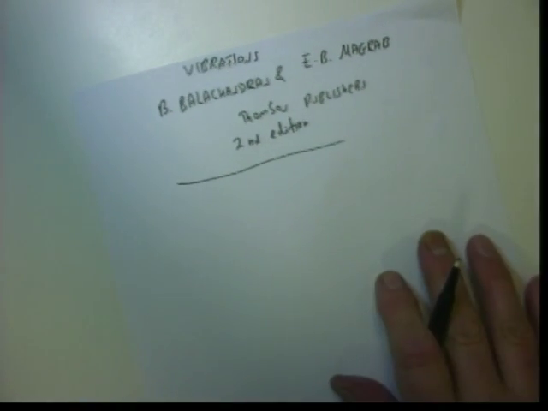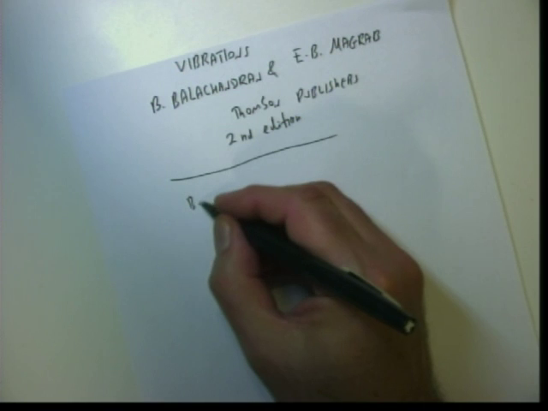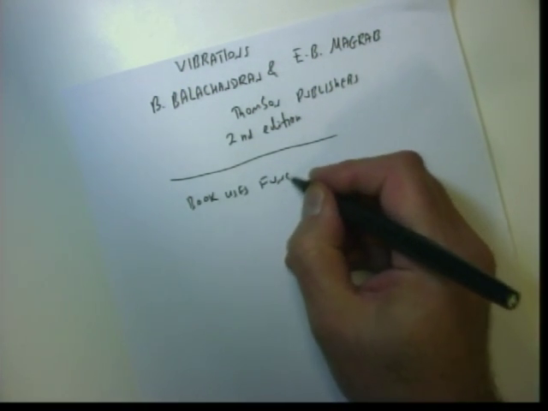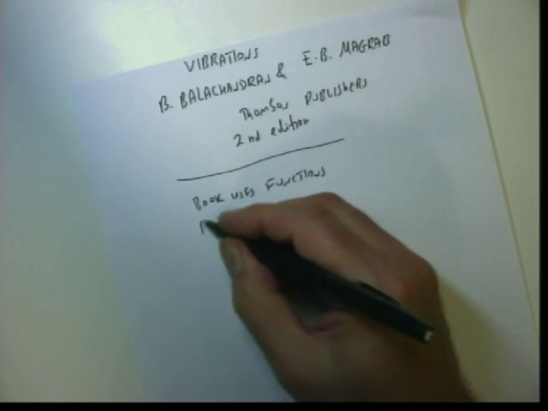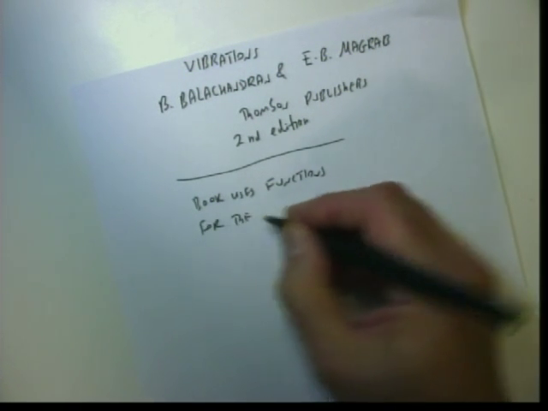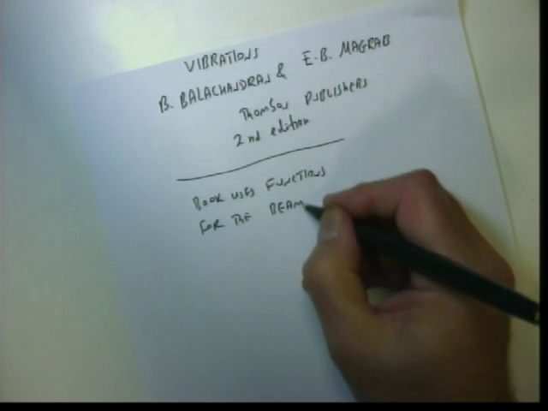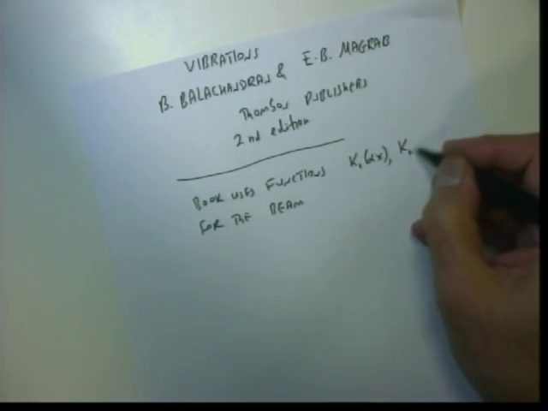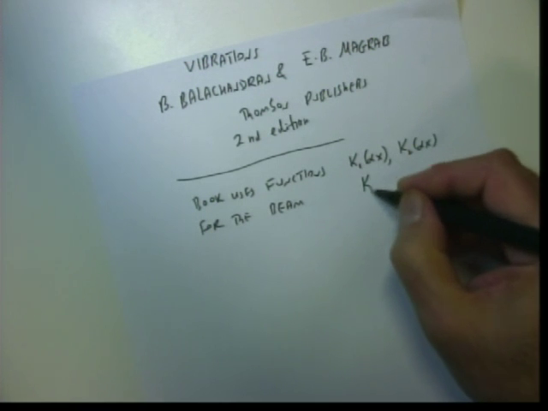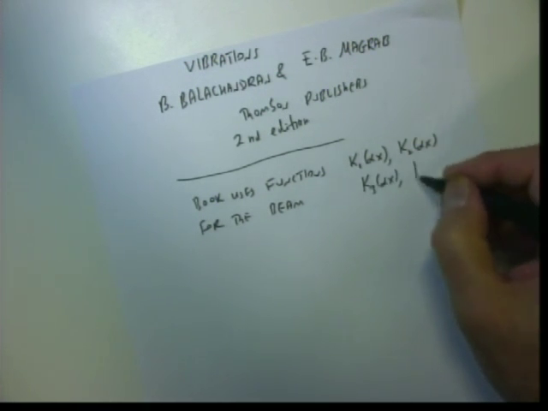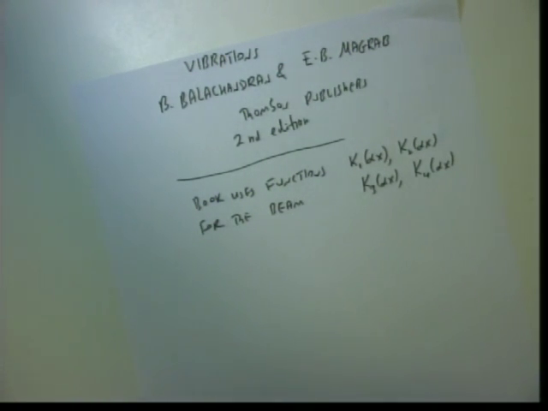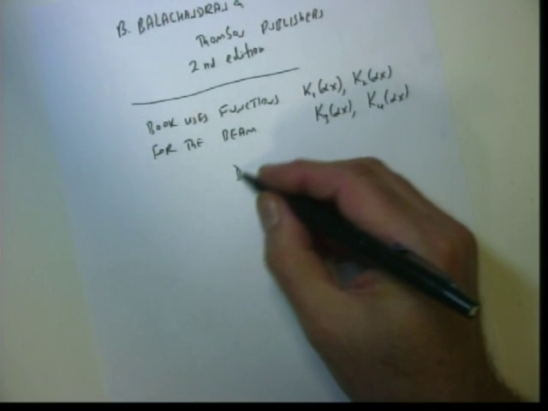I like this book because the book uses functions for the beam. These functions K1 alpha x, K2 alpha x, K3 alpha x, K4 alpha x, but the book denotes them with different notation.